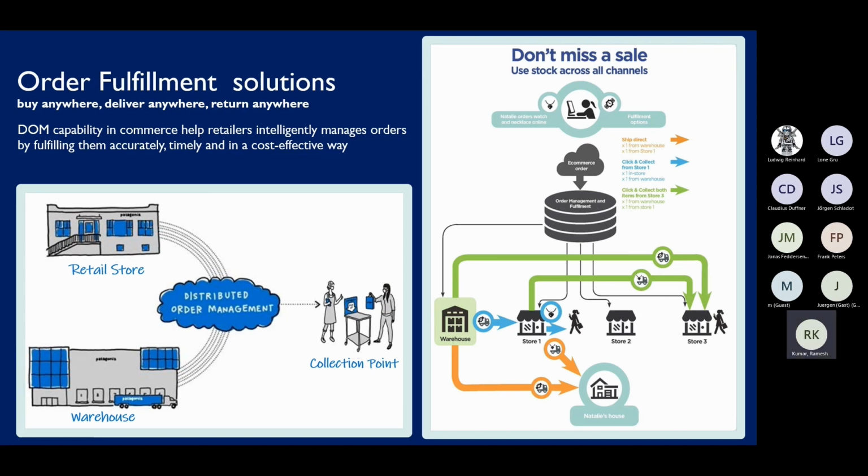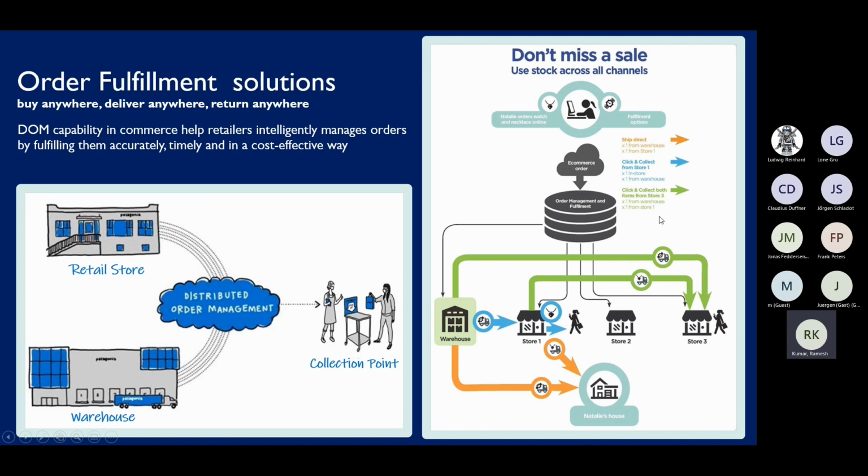The DOM capabilities in D365 retail can ship the inventory to the customer from the retail store or a warehouse, and it can be synced together, and we can give a collection point or buy from store options as well. Here I'm showing a scenario where the customer is trying to buy a necklace and a watch together.